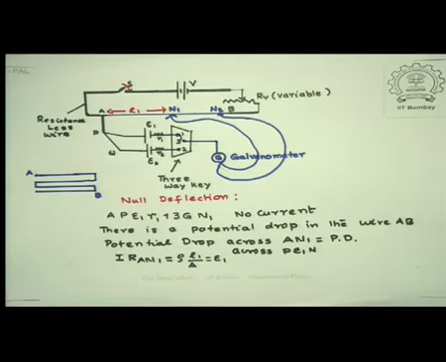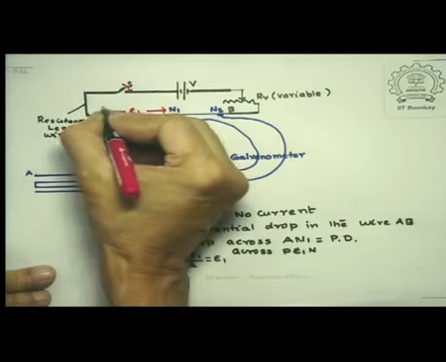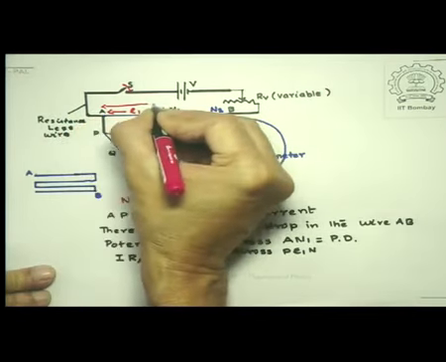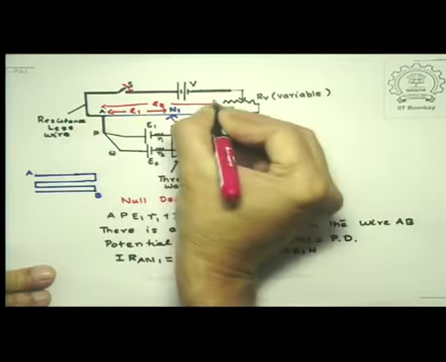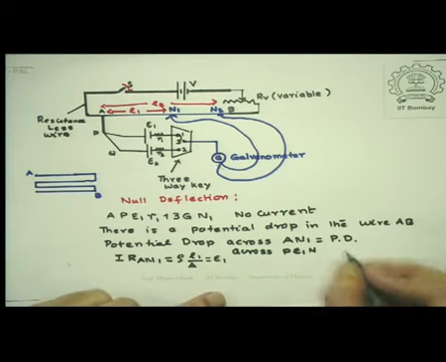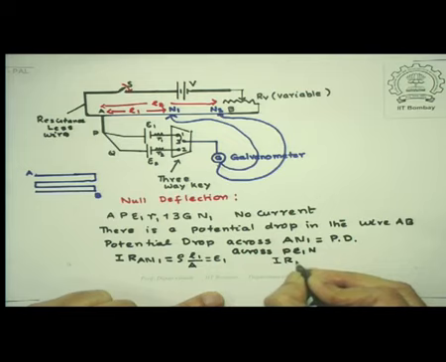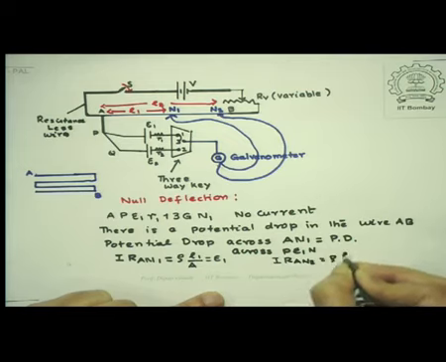Now in that case, suppose the null deflection is obtained at a point N2, which is a length L2 there, then I have a very similar expression, that I times R A N2 is equal to rho L2 by A, and that must be equal to E2.